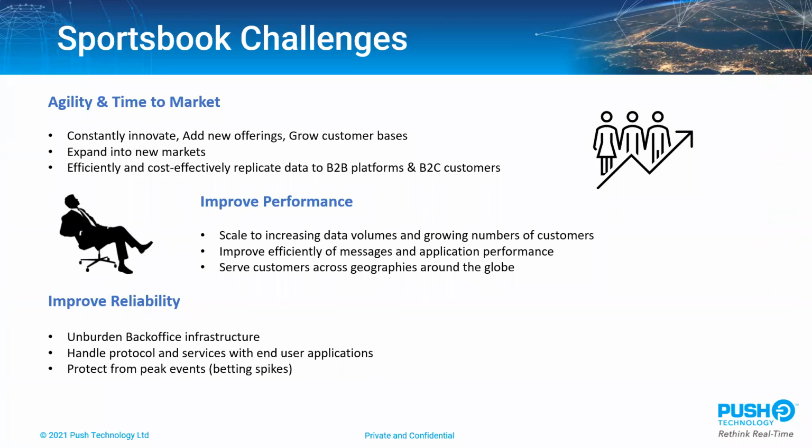And then branding as well. So a sportsbook may have multiple brands underneath it and effectively sharing that data across these brands. So agility is important, the ability to add new brands, the ability to add new sources of data in a consistent fashion that really impacts the time to market with these new services is critical.